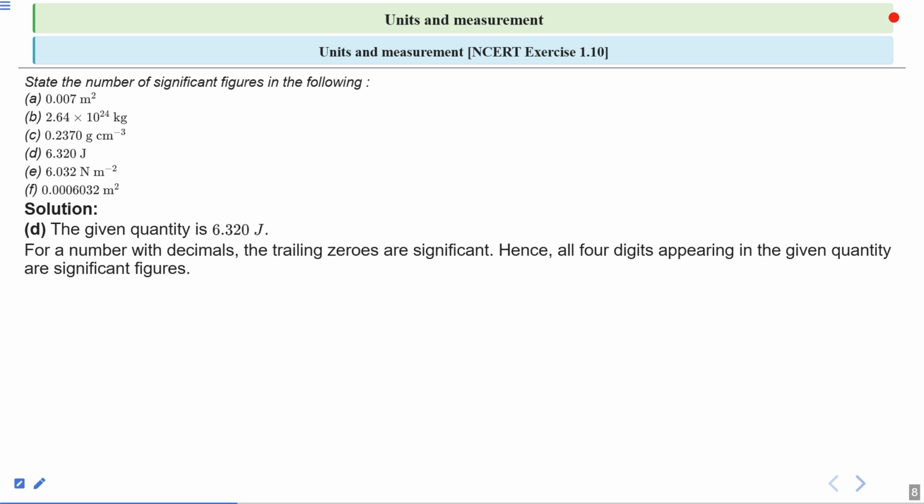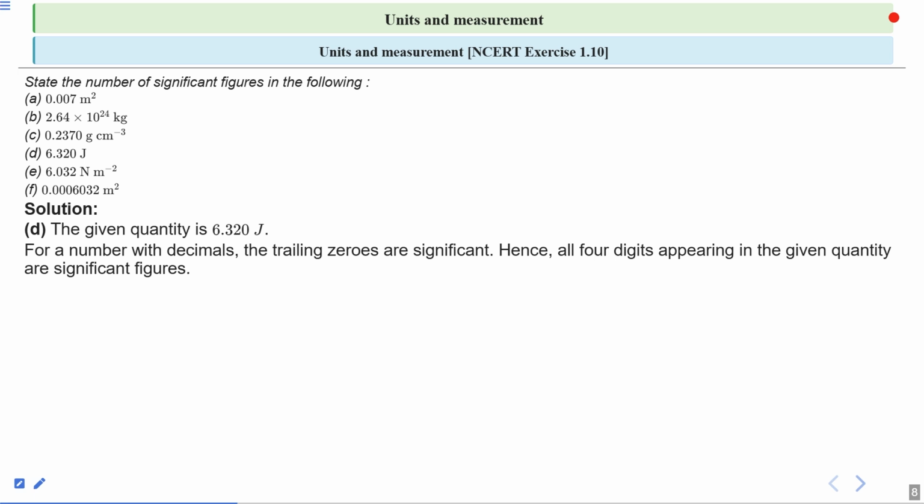6 joule and 6.00 joule are different. In 6 joule there is only 1 significant figure. By mentioning 6 joule we are saying that there might be plus or minus 0.5 joule error, so the value can be 6.5 joule or 5.5 joule. That's what 6 joule actually means.